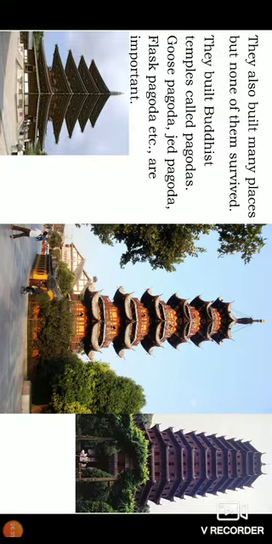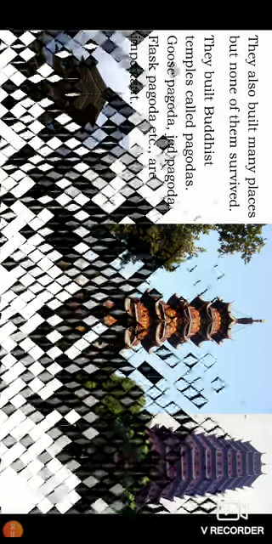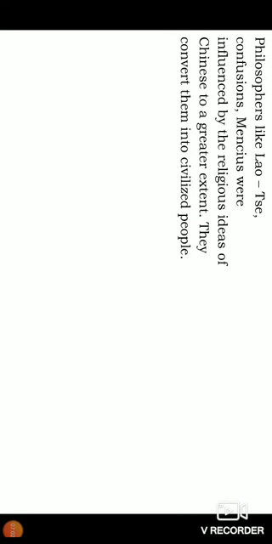From here, if you move on to the philosophy or religion of China, there were 3 important philosophers: Laozi, Confucius and Mencius.